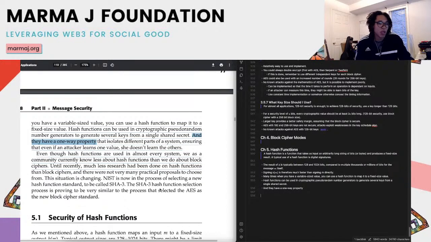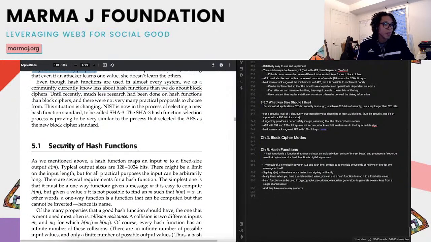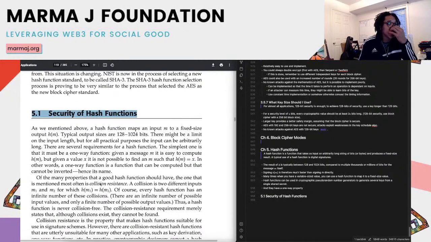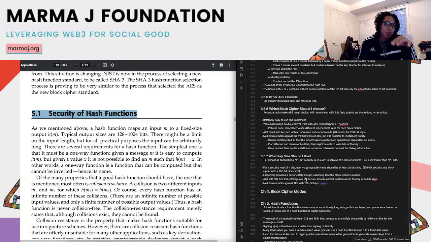Okay, and I'm trying to keep my notes somewhat in order, but I'm trying to take fewer of them and keep it very basic. They have a one-way property, so if someone reads this, they should know a little bit of what hash functions are. Previously, I was doing a lot more.